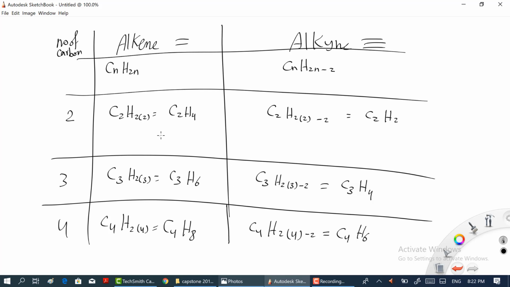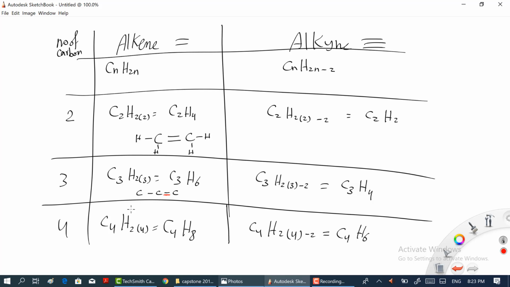One carbon attached to another carbon atom by a double bond. 4 atoms: 1 hydrogen and another hydrogen, 1 hydrogen and another hydrogen. For this, 3 carbon atoms, 1, 2, 3. The double bond can be on this side or this side, no problem, since they have equal branches.